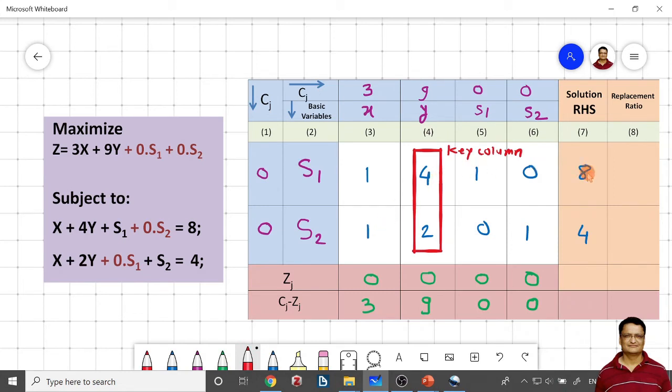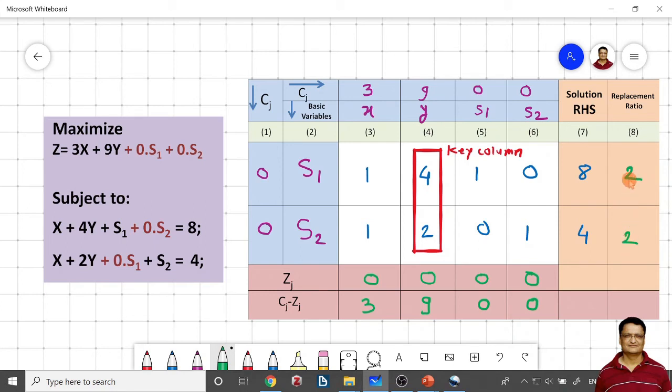Now the replacement ratio will be evaluated as the solution RHS value divided by the corresponding element in the key column. So 8 divided by 4 gives me the value of 2. Similarly, 4 divided by 2 gives me the value of 2 again. Now you can note that we have the same value of the replacement ratio.